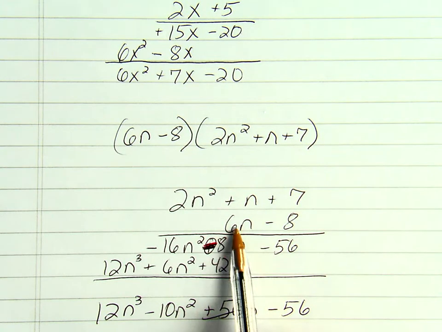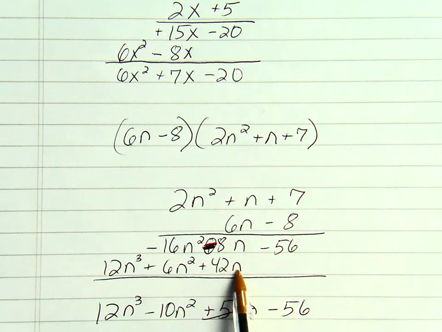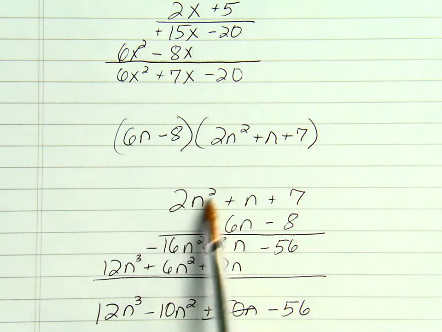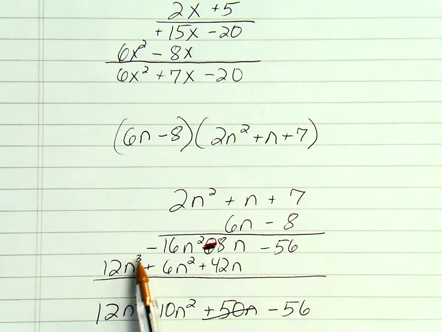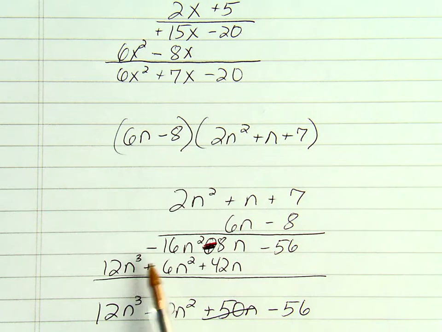Okay, so 6n times a positive 7 is a positive 42n. 6n times positive n is a positive 6n squared. And then your 6n times positive 2n squared gives me 12n cubed. N squared times n to the first is n to the 2 plus 1, which is n cubed.